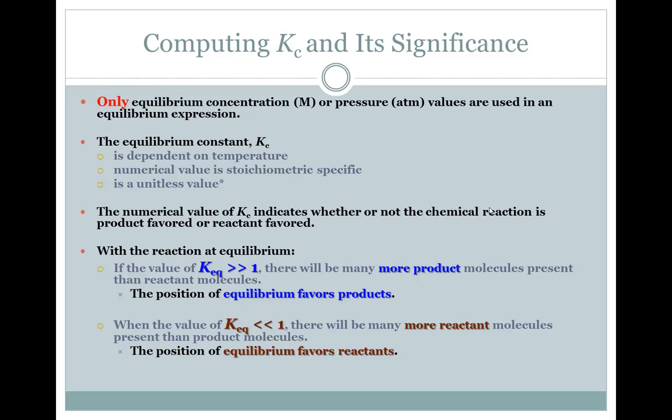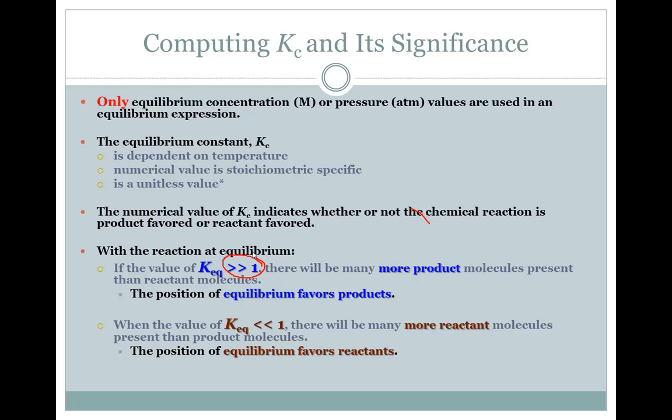The numerical value of K of C indicates whether or not the chemical reaction is product favored or reactant favored. With the reaction at equilibrium, the value of K is a lot greater than 1 if it's a really big number. There will be more product molecules present than reactant molecules.